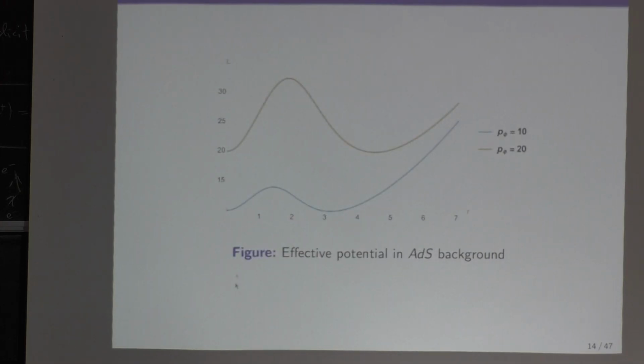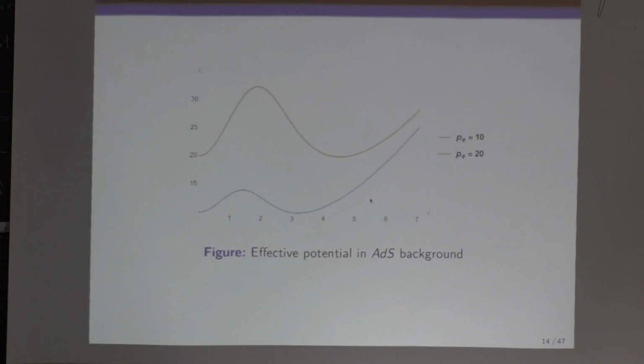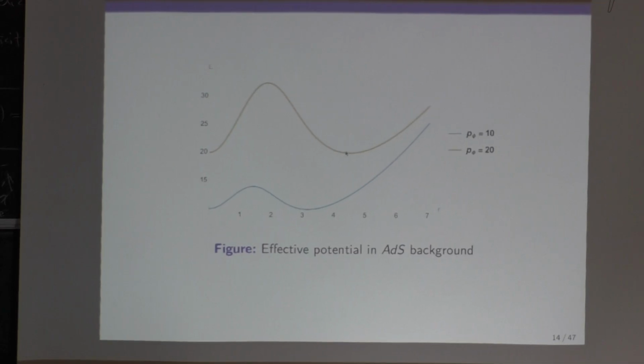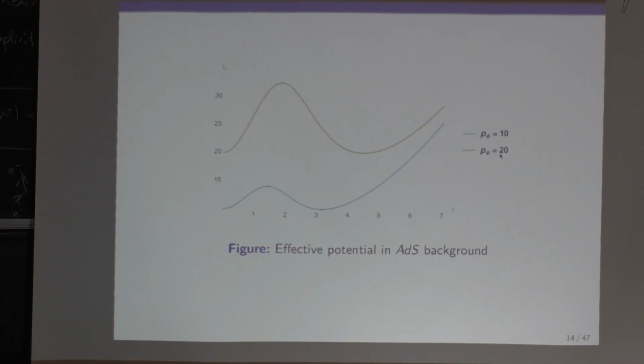Okay. In fact, we can plot the effective potential for dual giant gravitons. This is the effective potential as a function of the radial distance in AdS5 for fixed charge. This orange curve is when I keep the charge at 20, let's say. You can see that there is a minimum at square root 20, written in units of N, and the energy at this minimum is also 20.